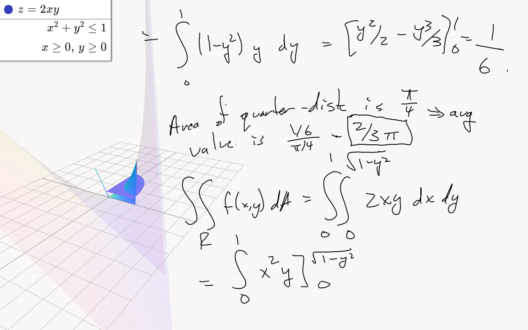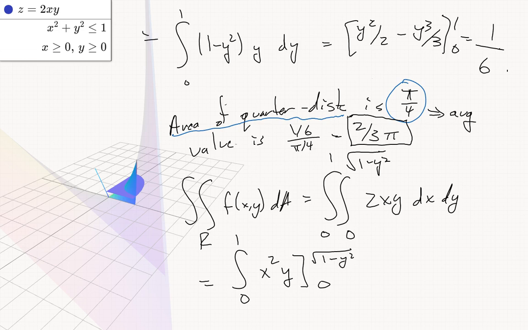Now, this is an example. This area formula is something we know from geometry, or maybe we've derived in single variable calculus. So just to tie it to what we're doing now, we can rederive that formula.